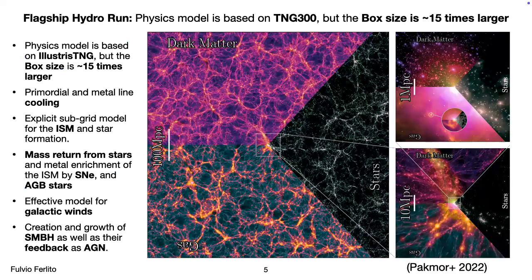So let's just have a glance over the main hydro run. It is 15 times larger in volume than the IllustrisTNG, but it basically features an almost identical galaxy formation model, with cooling, ISM modeling, supernova and galactic winds, and feedback from AGN.